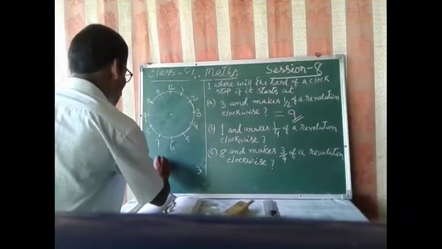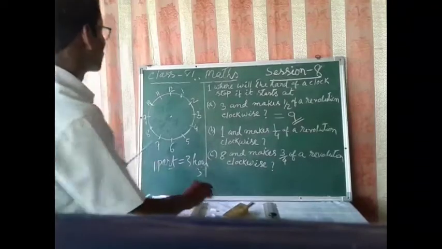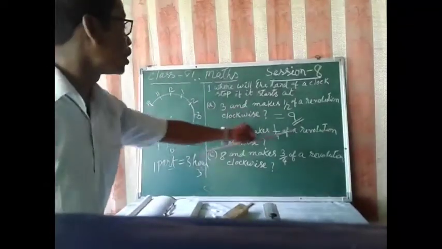One part is 3 hours. That is called 1/4 of a revolution.